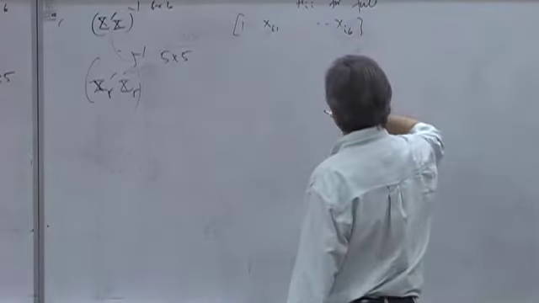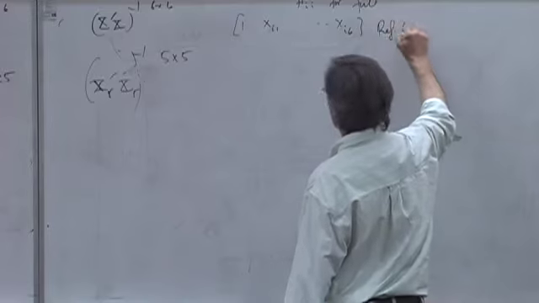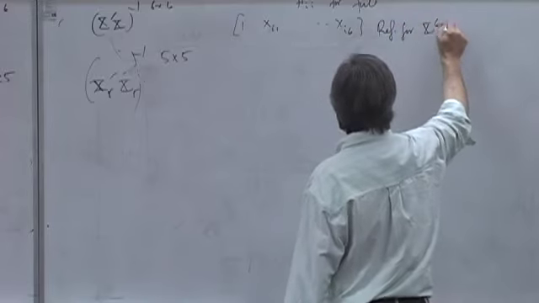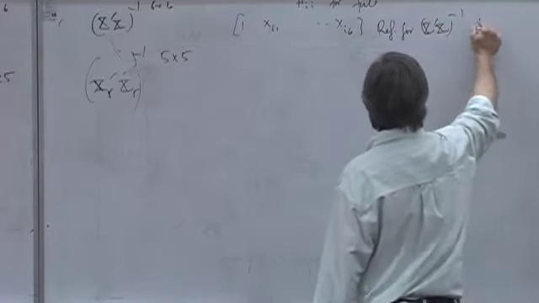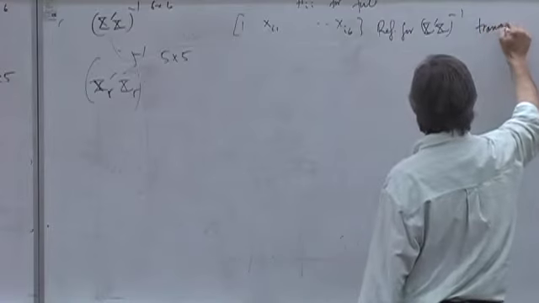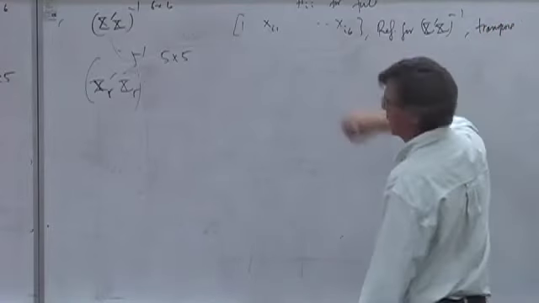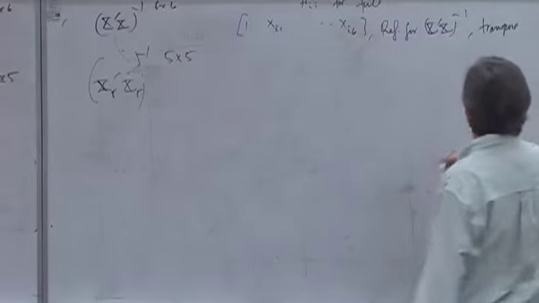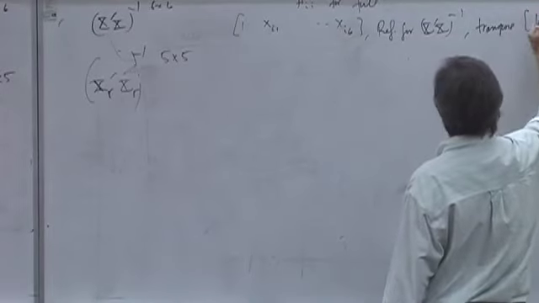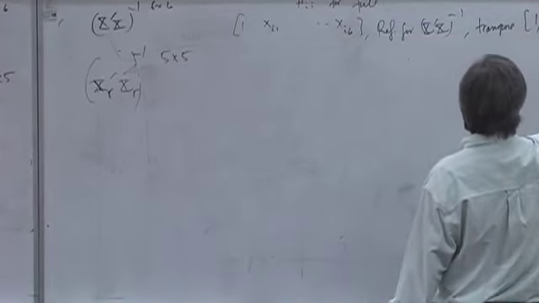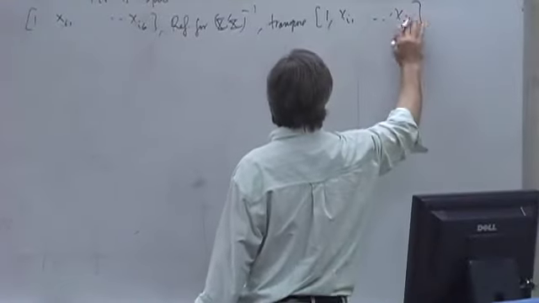which you have to reference. Let's reference that one, times the reference for X prime X inverse, and then times the transpose of this one, x_i5, I'm sorry.